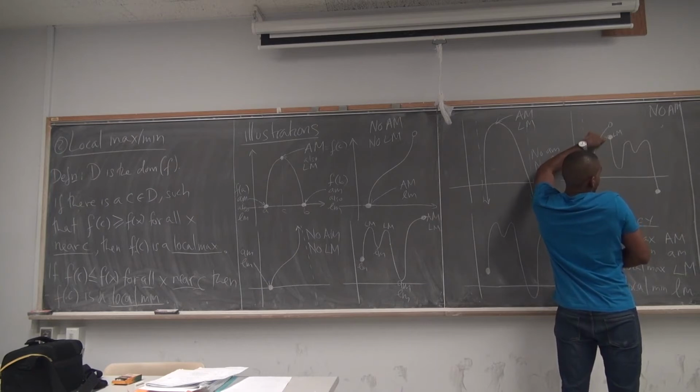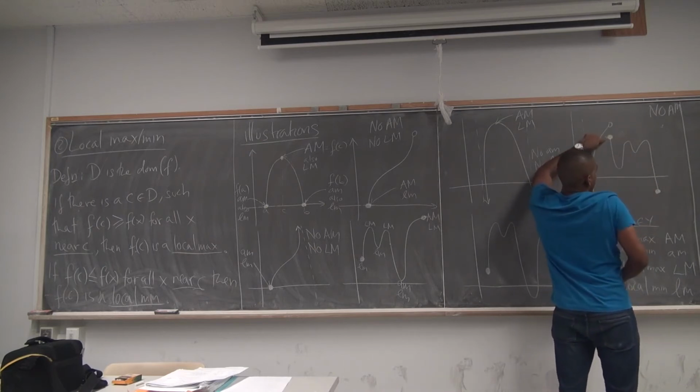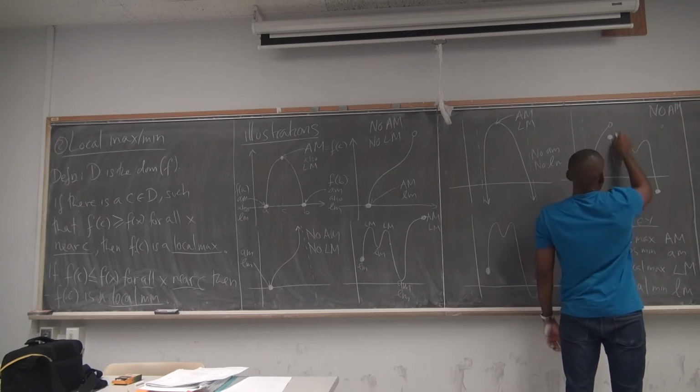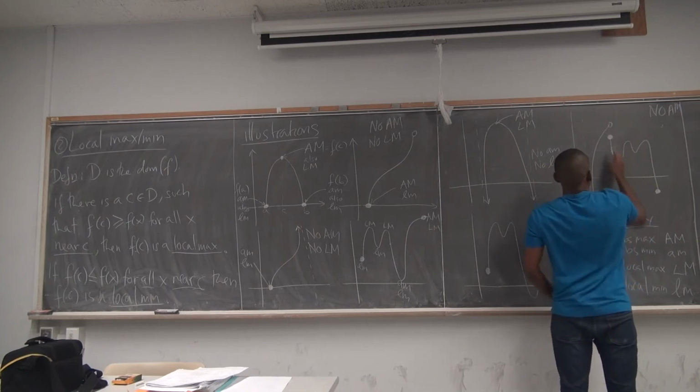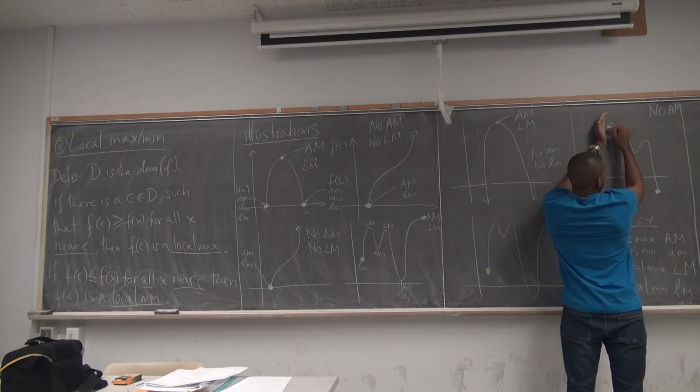Why is it not a local max? Look at some small neighborhood on the x-axis here. If you're in that neighborhood, see this y value here? He's not the biggest. There is a y value on this guy that's bigger than him.